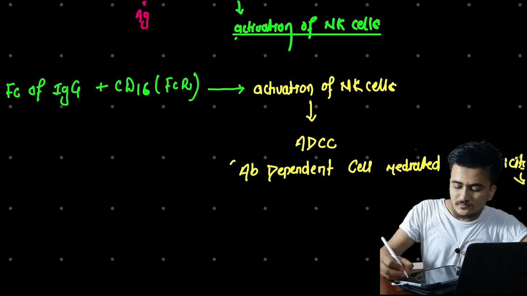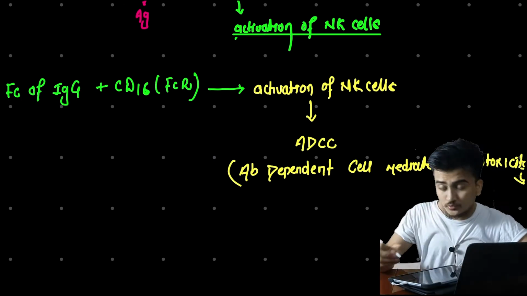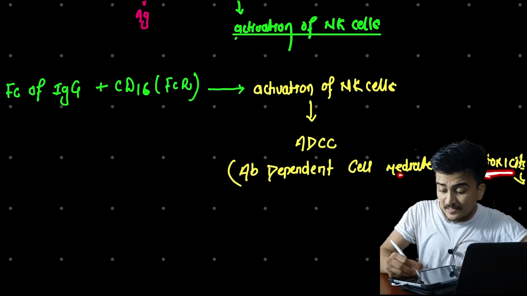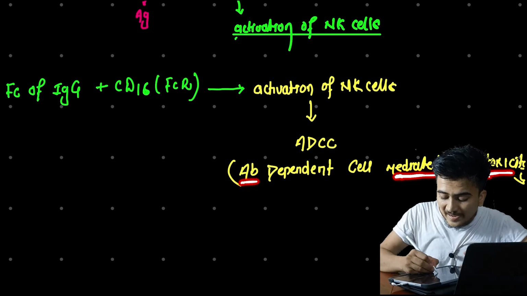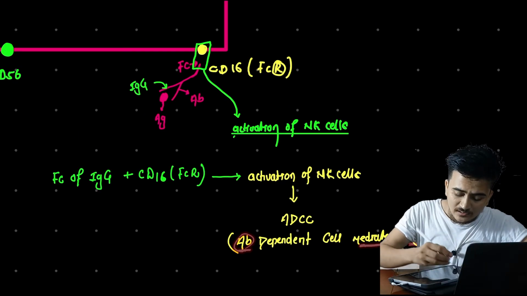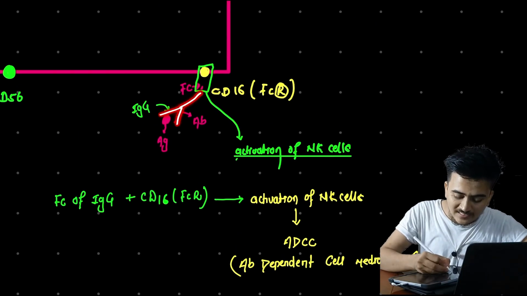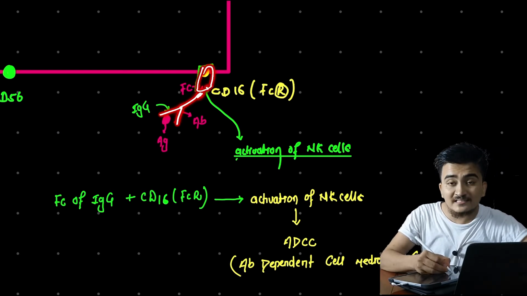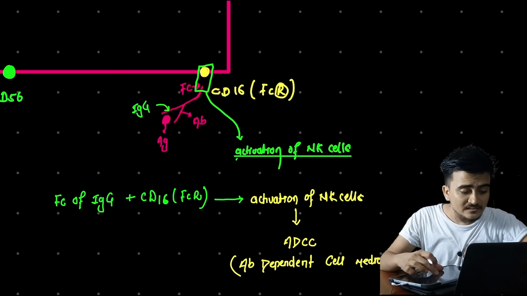Okay, let's go through each word. Cytotoxicity is done with the help of antibody. That means here there was antibody, and with the help of antibody, we are activating NK cells, and these NK cells are becoming active. That is what it is.